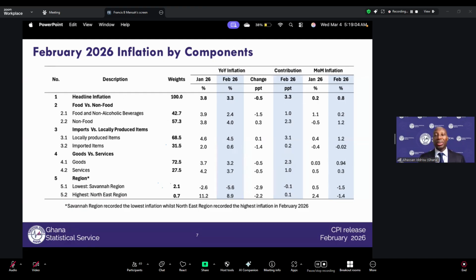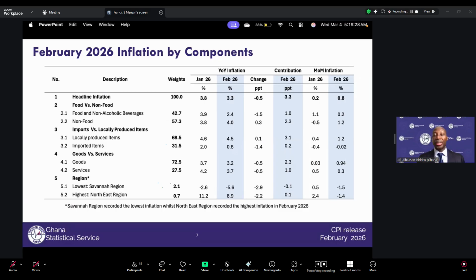Month on month, we saw goods prices increase by 0.94% between January 2026 and February 2026. If we turn to services, we see that services inflation eased to 3.7% in February 2026, down from 4.2% in January 2026.